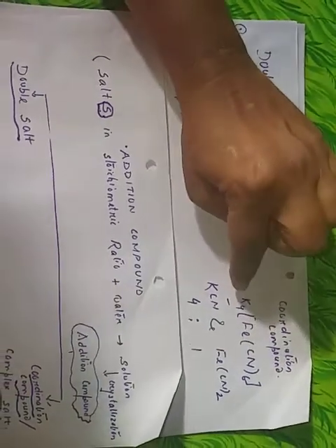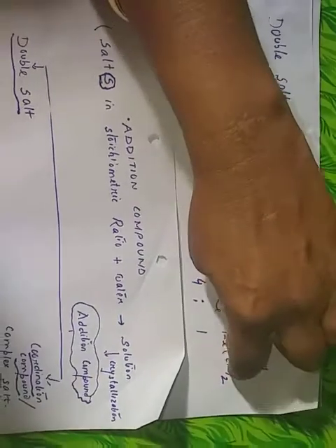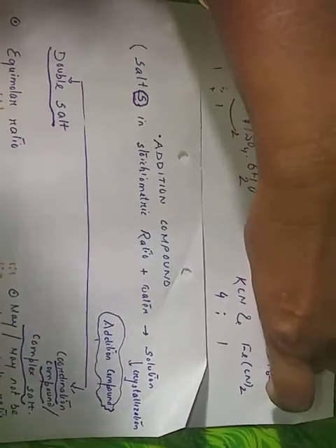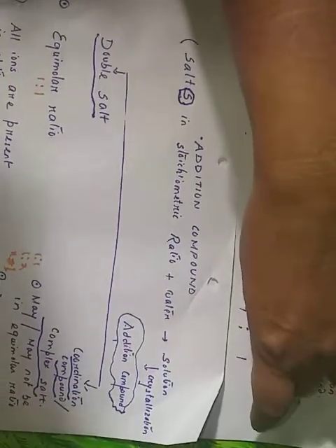Then only we have 4 potassium, 4 plus 2, 6 cyanide, and 1 iron. So we can see that it does not have a 1:1 or equimolar ratio between the components; that is the complex salt.